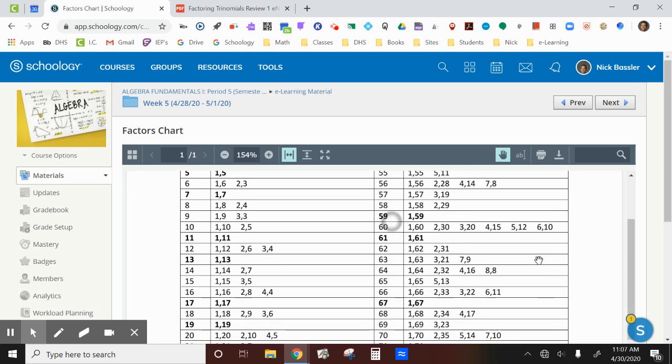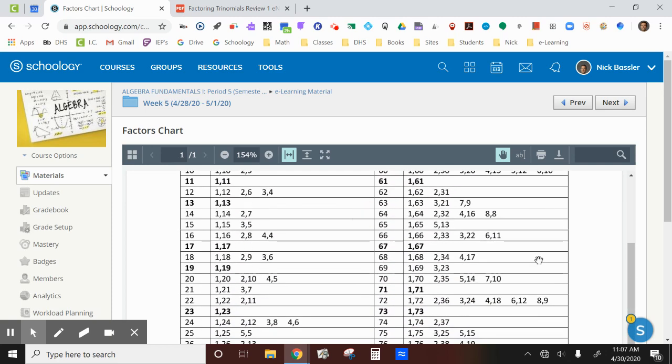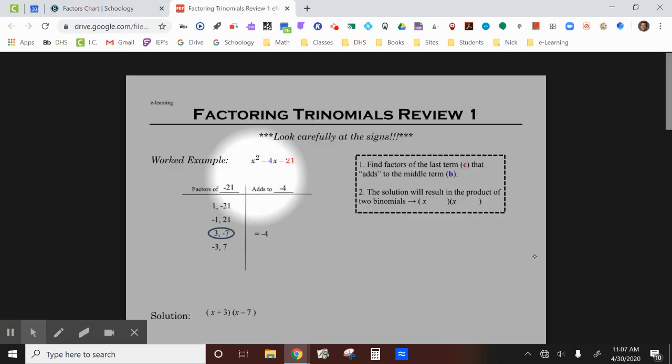When we find that number 21, you can see my factors are 1 and 21, and 3 and 7. Maybe for today's lesson, instead of writing each and every single pair, we can just focus on the pairs that could get us close to the number we wanted to add to.